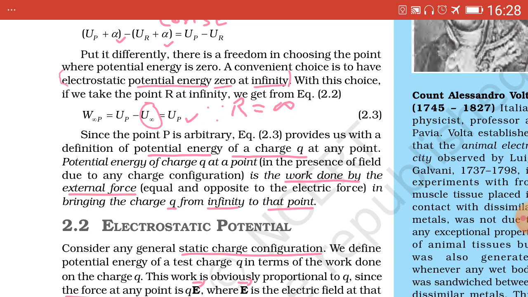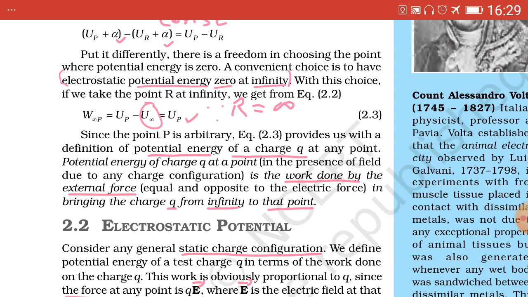Now the potential energy of charge q at a point is the work done by the external force, which is equal in magnitude and opposite to the electric force, in bringing the charge q from infinity to that point.